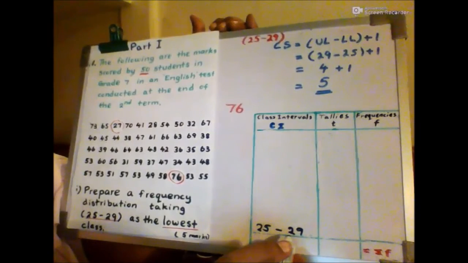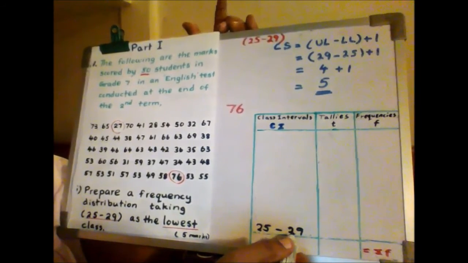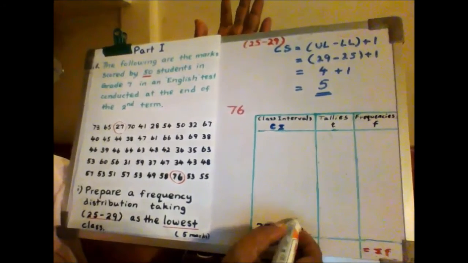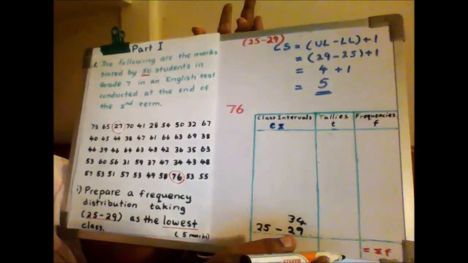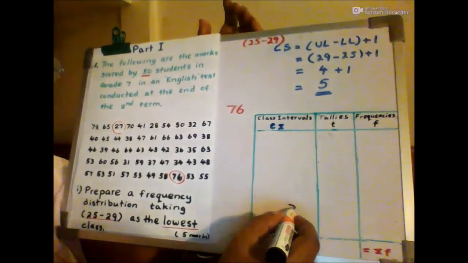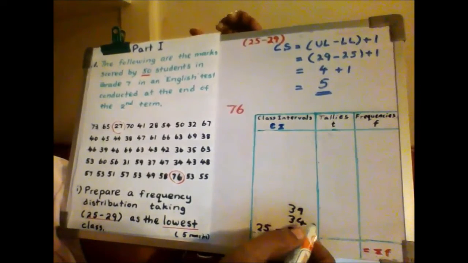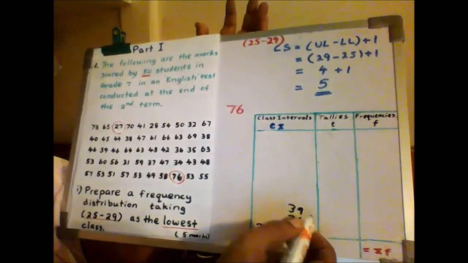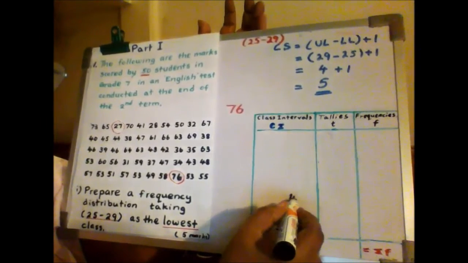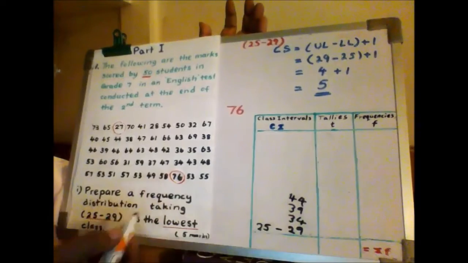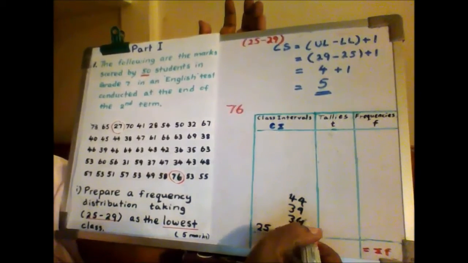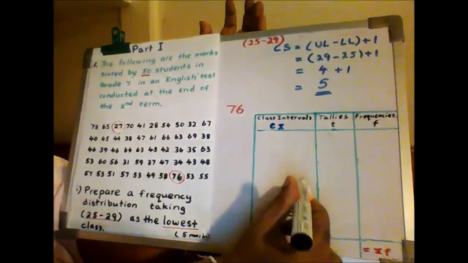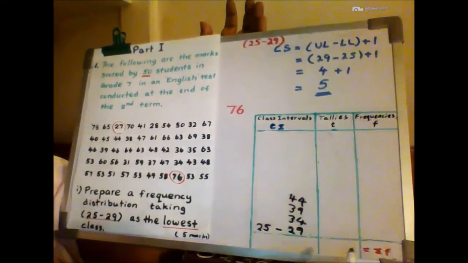Look at the top of the board, right? 29, 30, 31, 32, 33, 34. 35, 36, 37, 38, 39. 40, 41, 42, 43, 44. So you can see a pattern, 29, 34, 39, 44, 49, 54, 59, likewise, right?